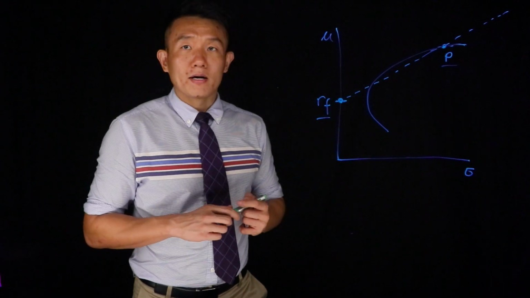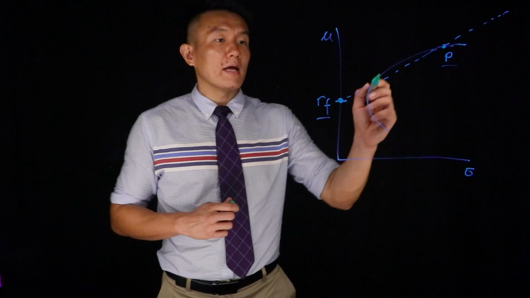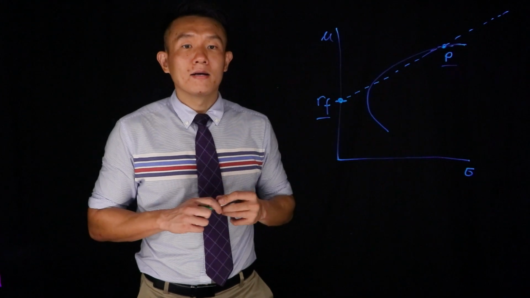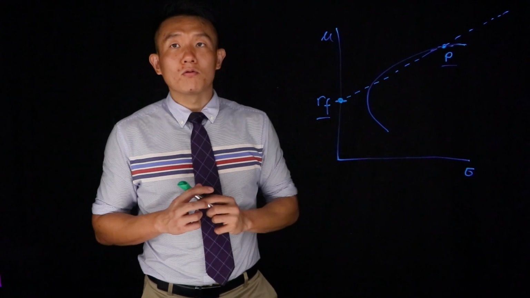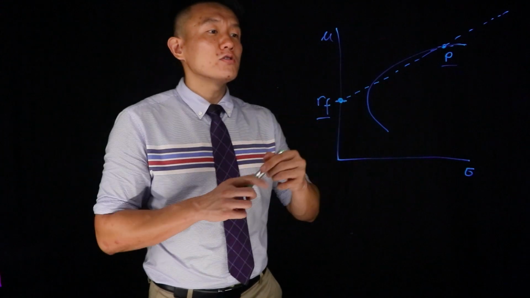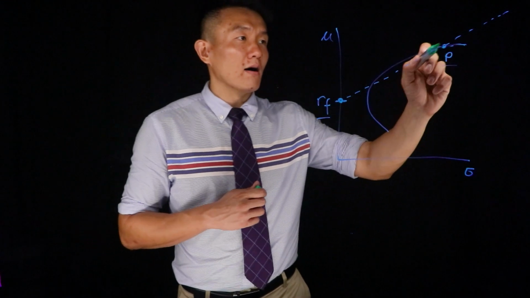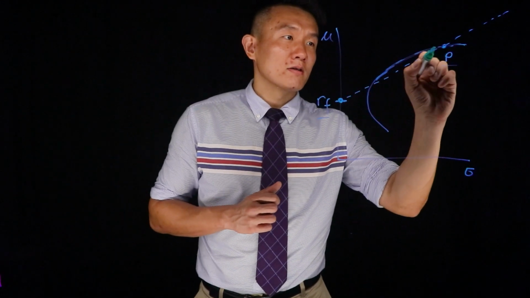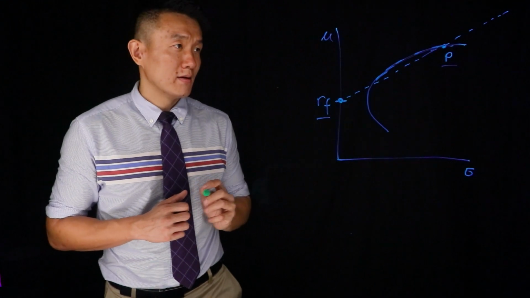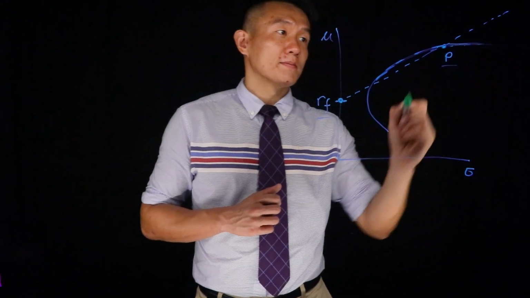But think about what's going on here. If I can invest in a risk-free asset, I'm going to draw a line that's going to cover up some parts of the efficient frontier. These portfolios still can't be improved upon, but these can.